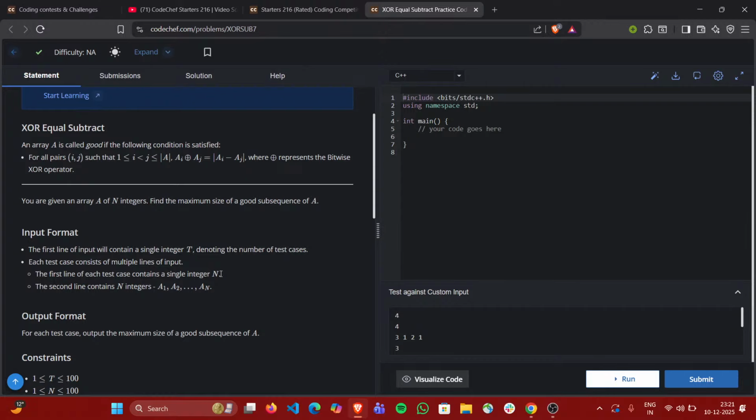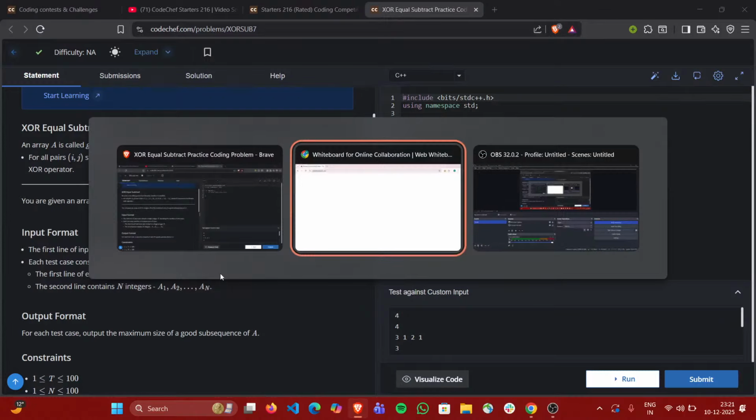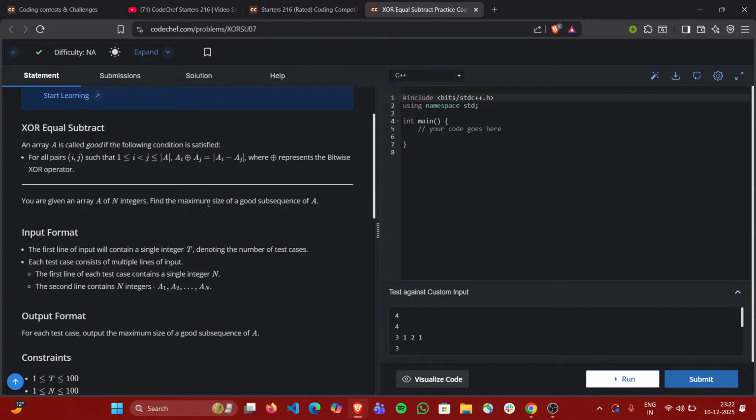And then we have to do this in this question. So we have been asked to find a subsequence that is of maximum size and that is good, and it is good when this condition is satisfied.